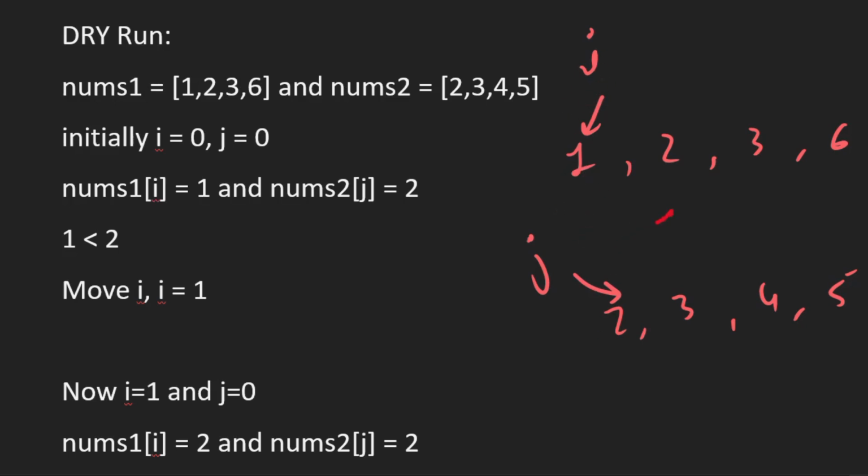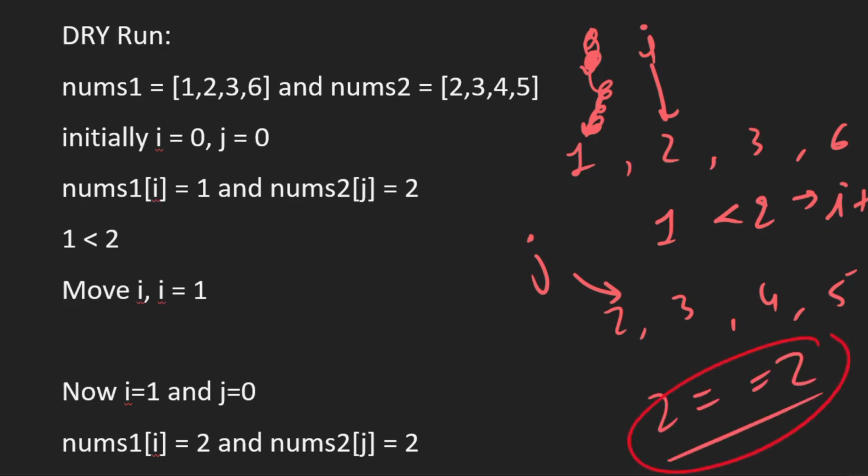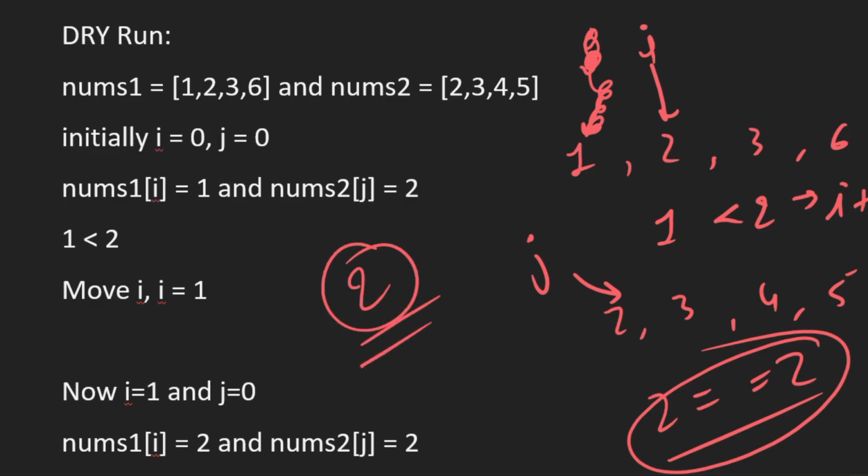Here we have 1, here we have 2. 1 is lesser than 2, so we move i by 1 point ahead, from index 0 to index 1. Now the element at i is 2 and the element at j is also 2. 2 is equal to 2, so we get an element which is present in both the arrays. So 2 is our answer for this test case. This way we'll be finding our solution using two pointers.